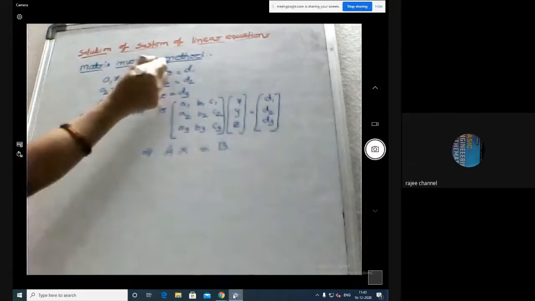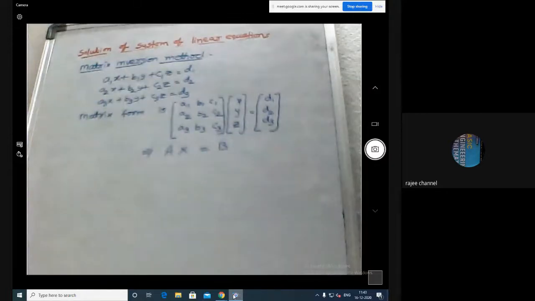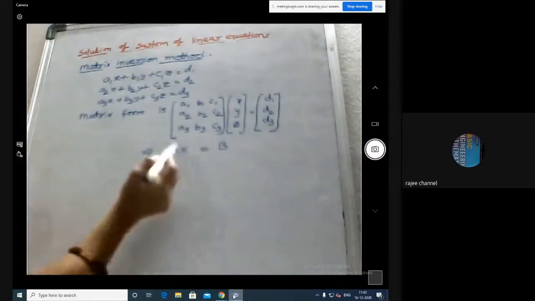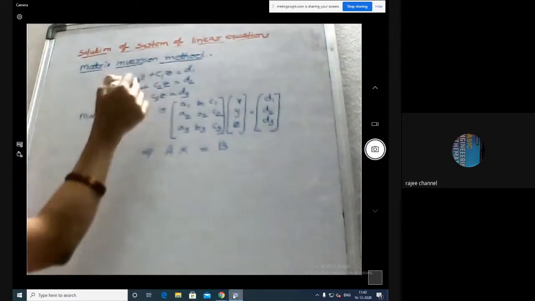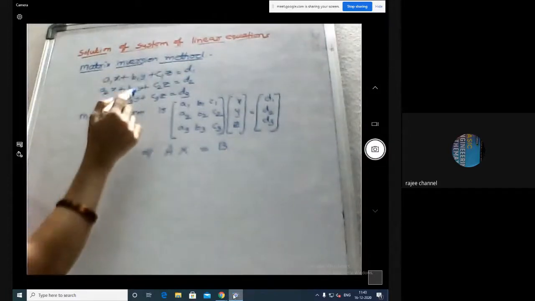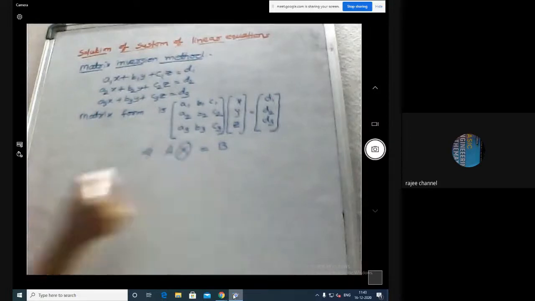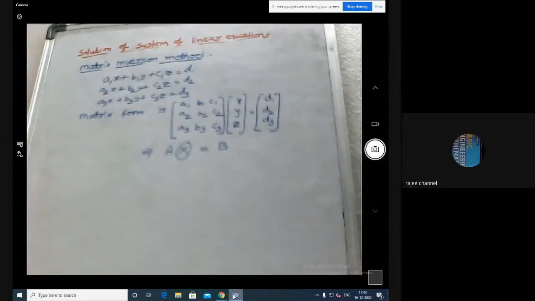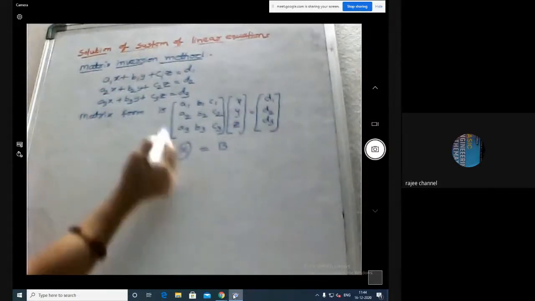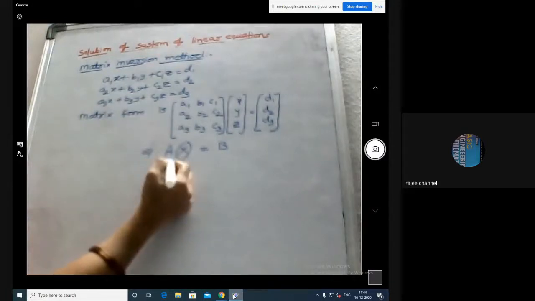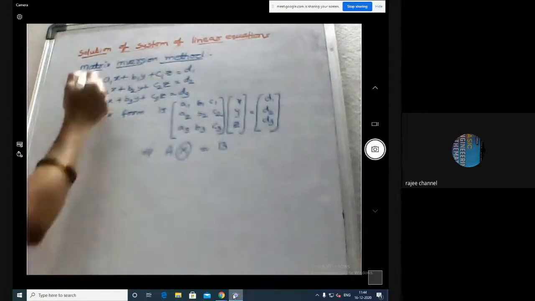In the matrix inversion method, we can find the solution of these linear equations, that is, the elements of capital X. For that, we derive the formula of the matrix inversion method.